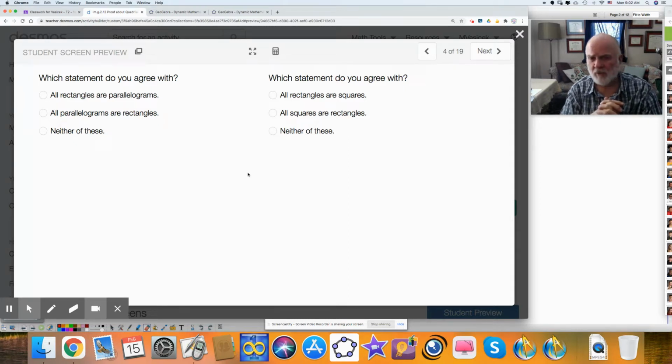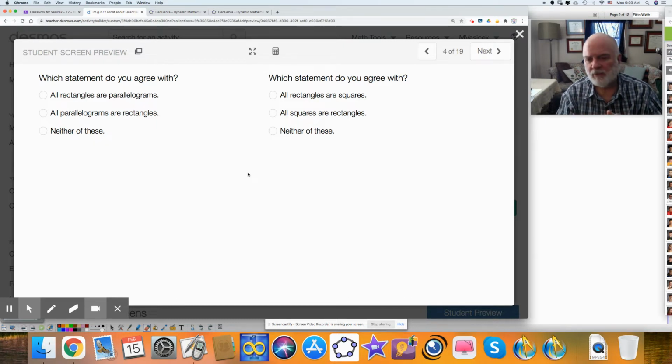If you remember the graphic organizer I've given you in the past, you have the family of parallelograms, and rhombuses and rectangles are underneath it, and one of their children is the square. So the square has all the attributes of its parents, the rhombus and the rectangle. Rhombus and rectangle are both parallelograms. They both have all the attributes of a parallelogram, but they're special because they have something else.